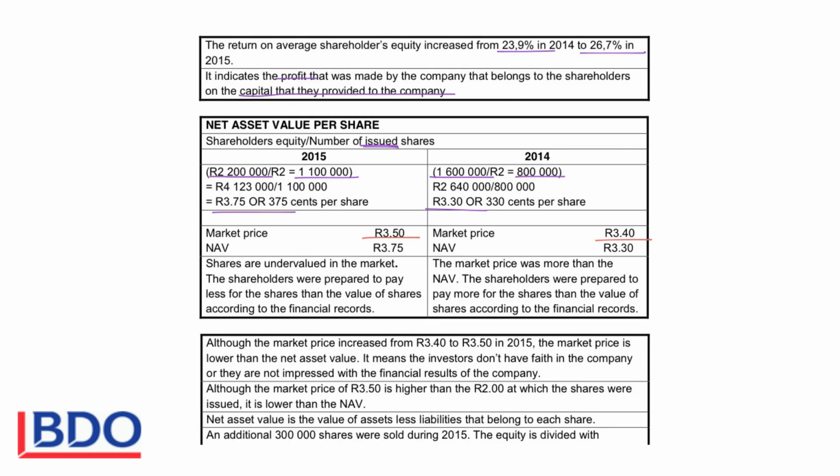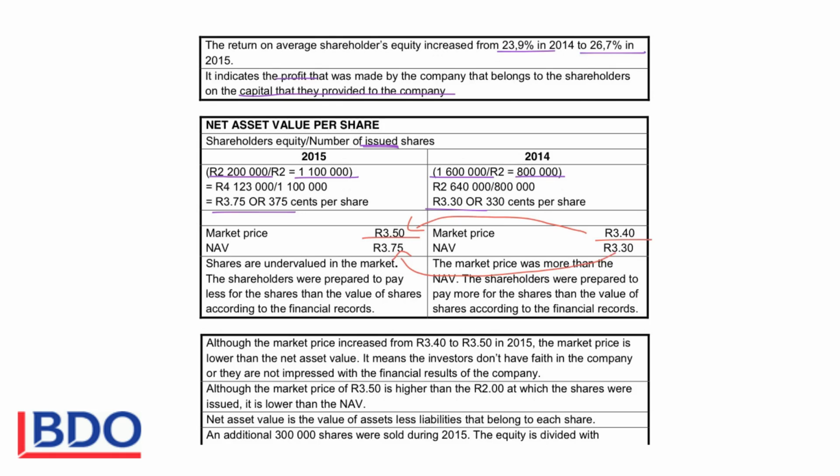So although the market price increased from R3.40 to R3.50, what happened to the net asset value? In 2014, the value according to the financial records of the business was R3.30, and now it's R3.75. So it also increased from the previous year to the current year.